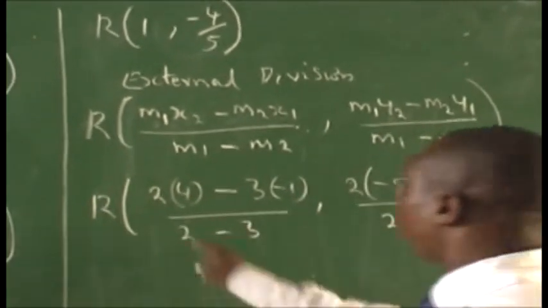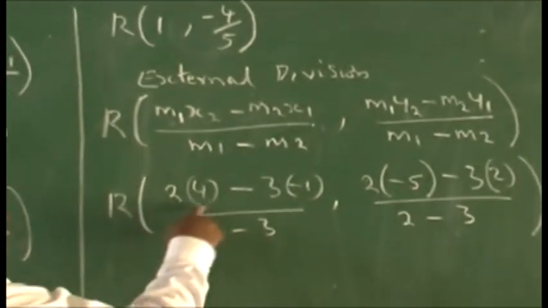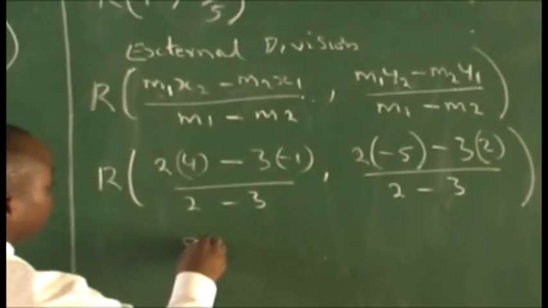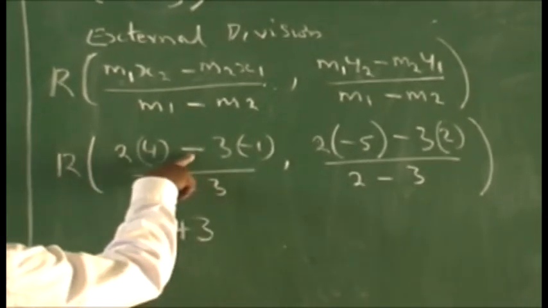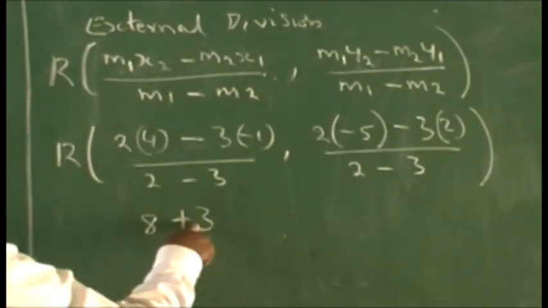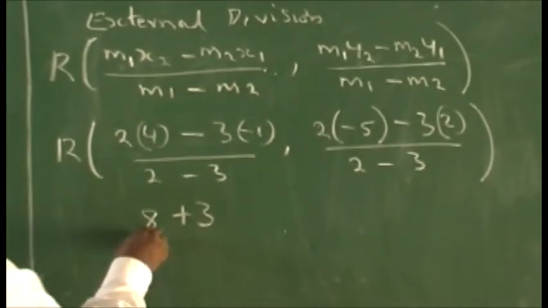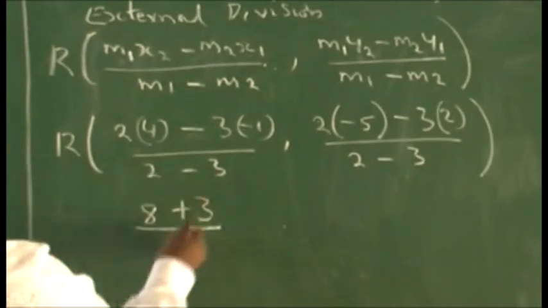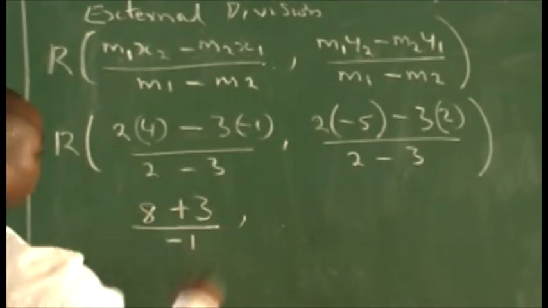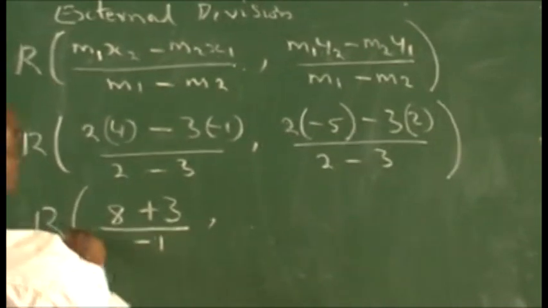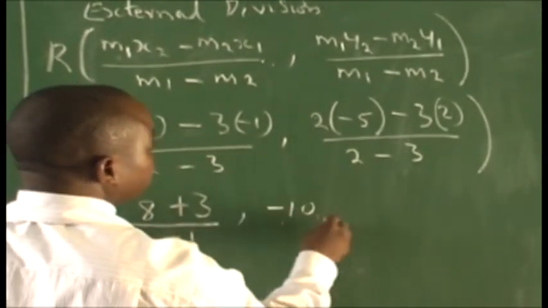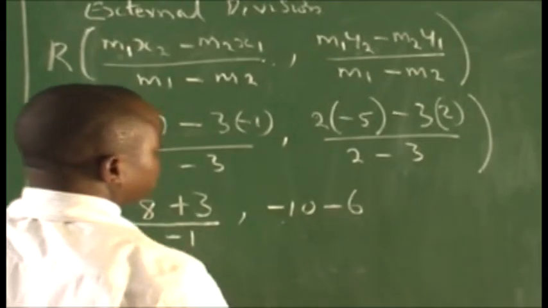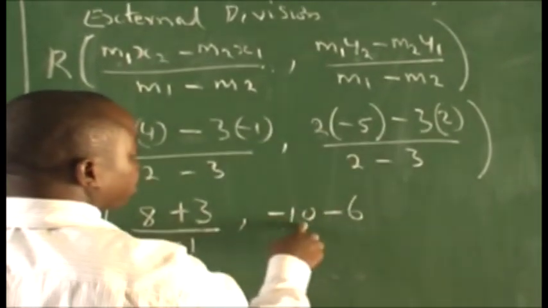Then if we multiply them, we have 8 plus 3. Why is it plus? Because minus 3 times minus 1 gives us plus 3. All over 2 minus 3 gives us minus 1. Then we also have minus 10 minus 6. 2 times minus 5 is minus 10.